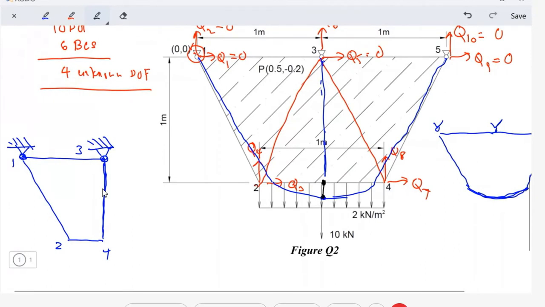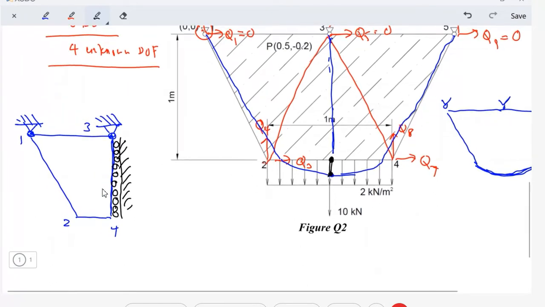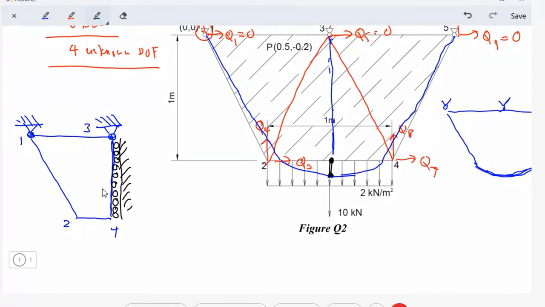So because of that, we can model this as a roller support, because this edge is moving along the vertical symmetrical axis. All right. So now we have a new boundary condition for our model here.